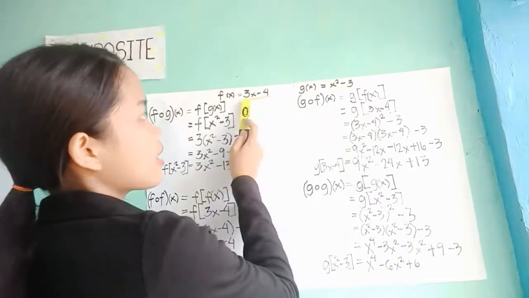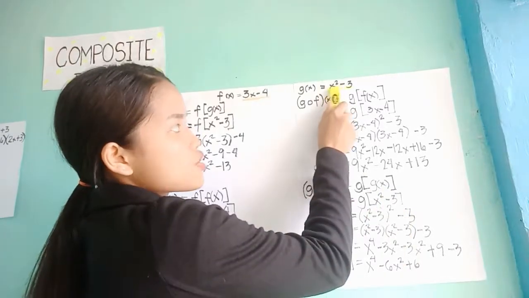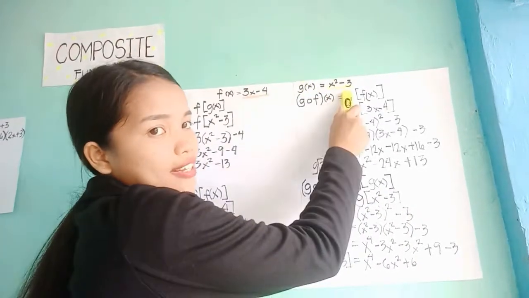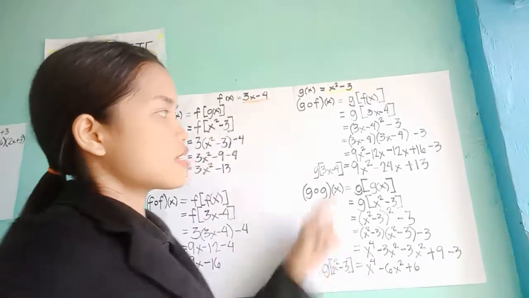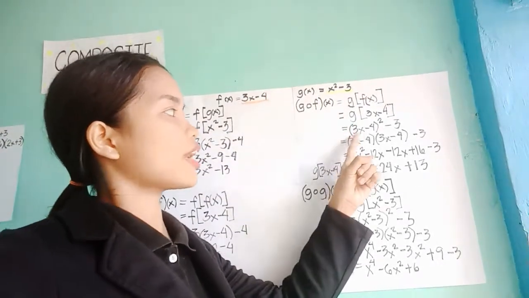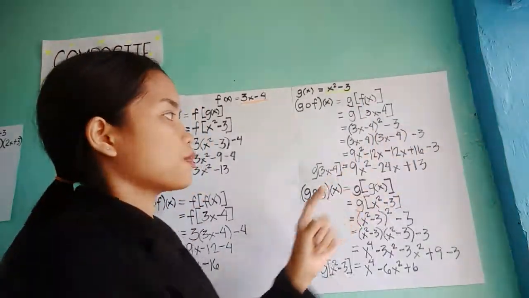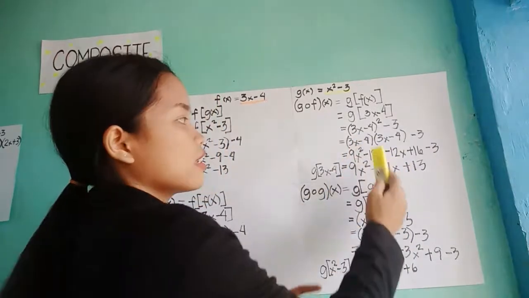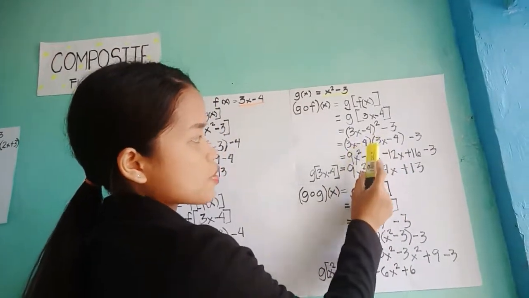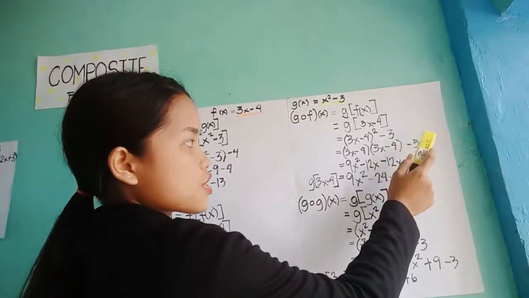The value of f is 3x minus 4, and we change the x in g of x to the value of f of x. So 3x minus 4 squared, and then minus 3. First we deal with the exponent, so it is 3x minus 4 times 3x minus 4, then minus 3.